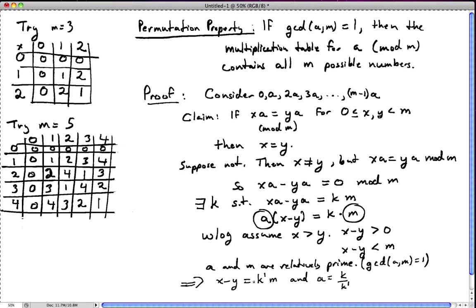But this can't happen, because X minus Y is some number that's greater than 0 and less than M. So look at the factors of M. Well, if it's greater than 0, it means I can't use K prime equals 0. That won't work. So K prime equals 0 can't be true. K prime equals 1 also can't be true, because if K prime is 1, then X minus Y would be equal to M, but we know X minus Y is less than M. So this can't happen.